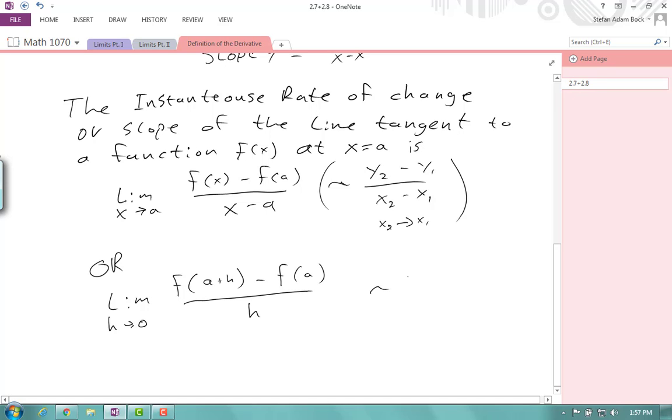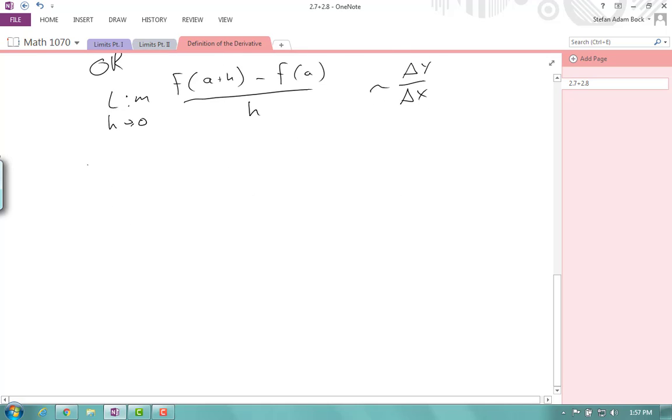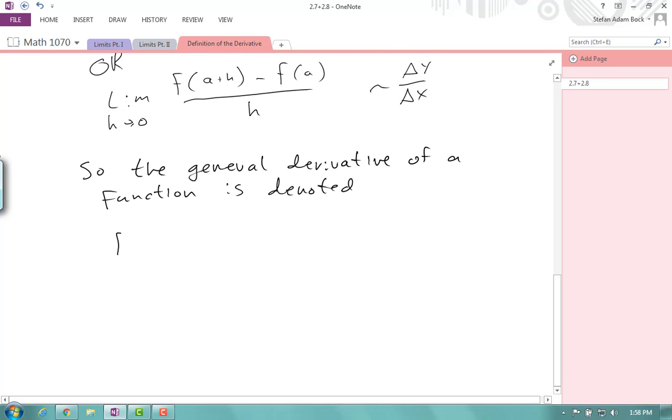Now this is very similar to the other version I had written up above when I had a delta y divided by my delta x, because here my letter h represents my delta x.